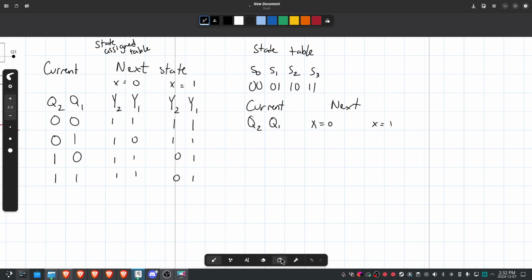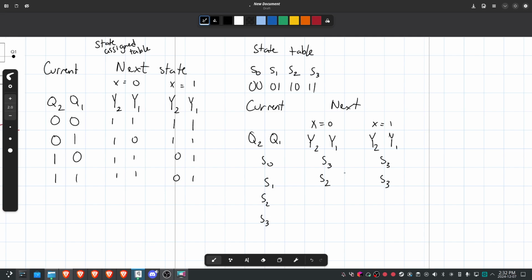X is equal 1. Let's move this down. Y2, Y1, Y2, Y1. And we just replace this. It's going to be S0, S3, S3, S1. This is S2 and S3.